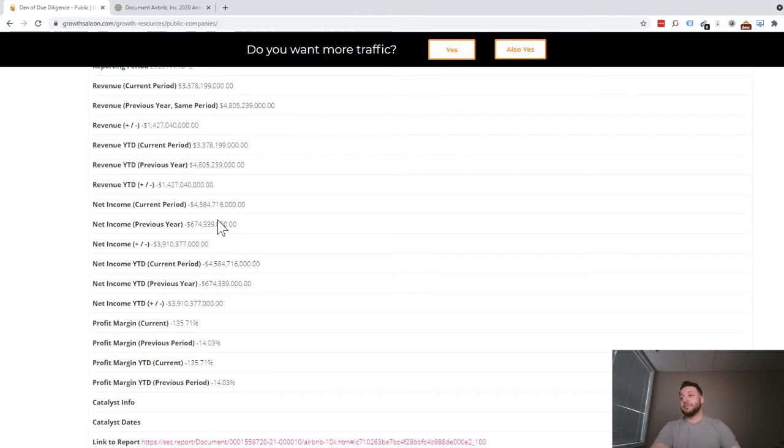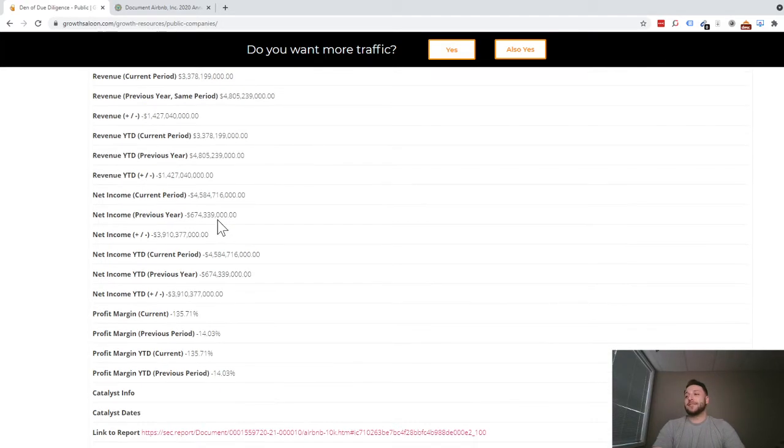Not great if you're an Airbnb shareholder. So their profit margin did not increase from negative 14 closer to zero or above zero like we had hoped. It went to almost negative 136%. Not great. So look out in Q1, see if that profit margin is inching closer back to their old number at the very least if you like Airbnb.